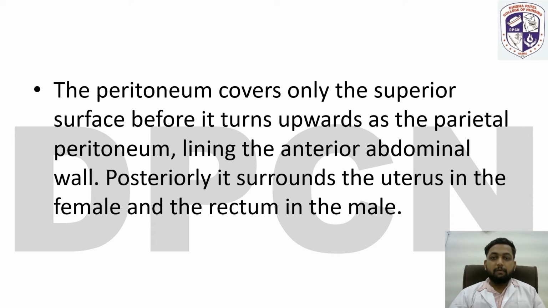The peritoneum covers only the superior surface before it turns upward as the parietal peritoneum, lining the anterior abdominal wall. Posteriorly, it surrounds the uterus in the female and the rectum in the male. Means on the posterior side of the bladder, it contains the uterus in the female and rectum in the male.